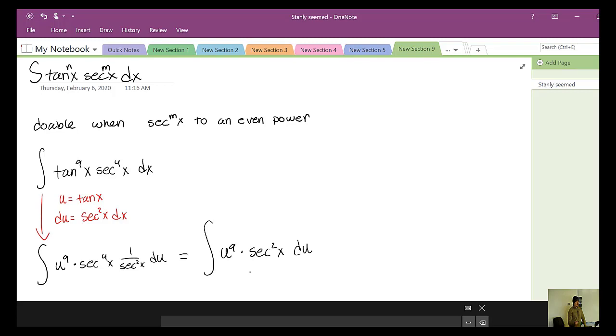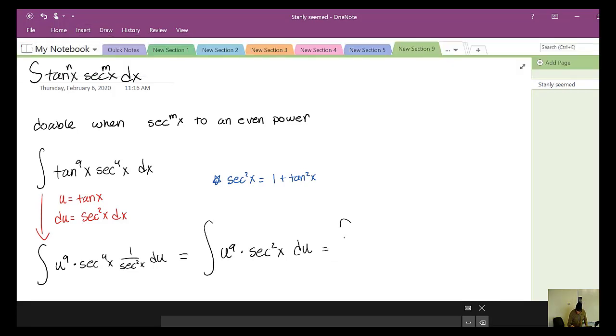Plus, right? Secant squared of x equals 1 plus tangent squared of x. So here we have u to the 9th, and then times 1 plus tan squared of x dx.